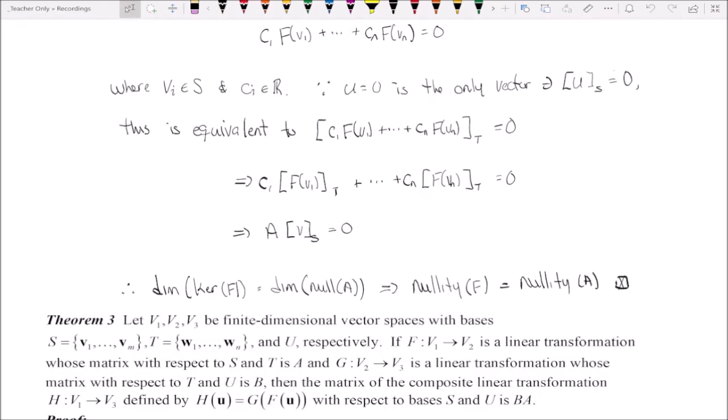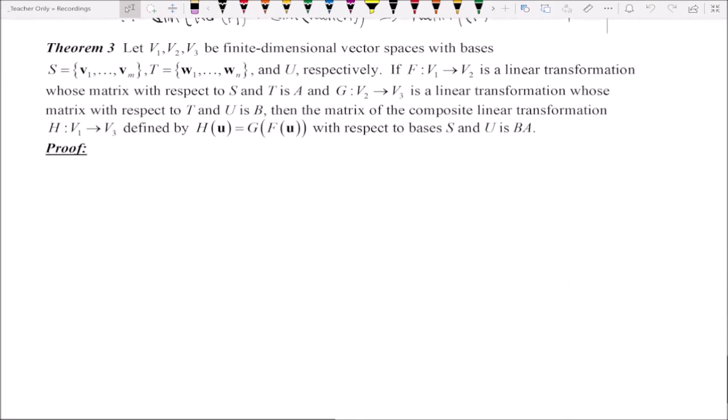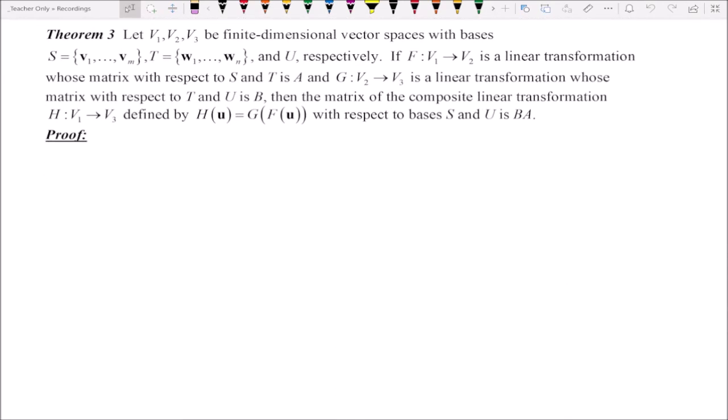Right? So let V1, V2, and V3 be finite dimensional vector spaces with bases S, T, and U respectively.